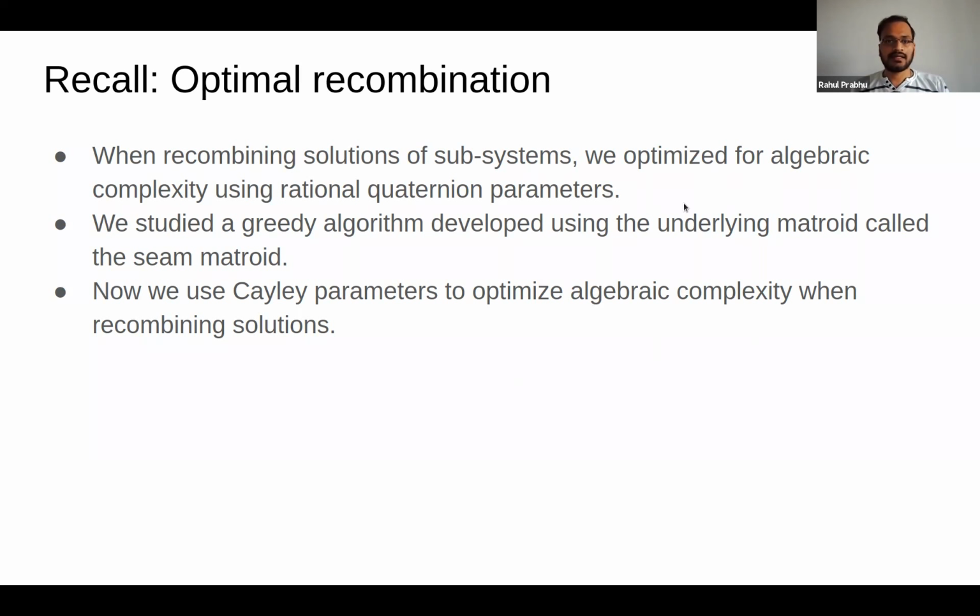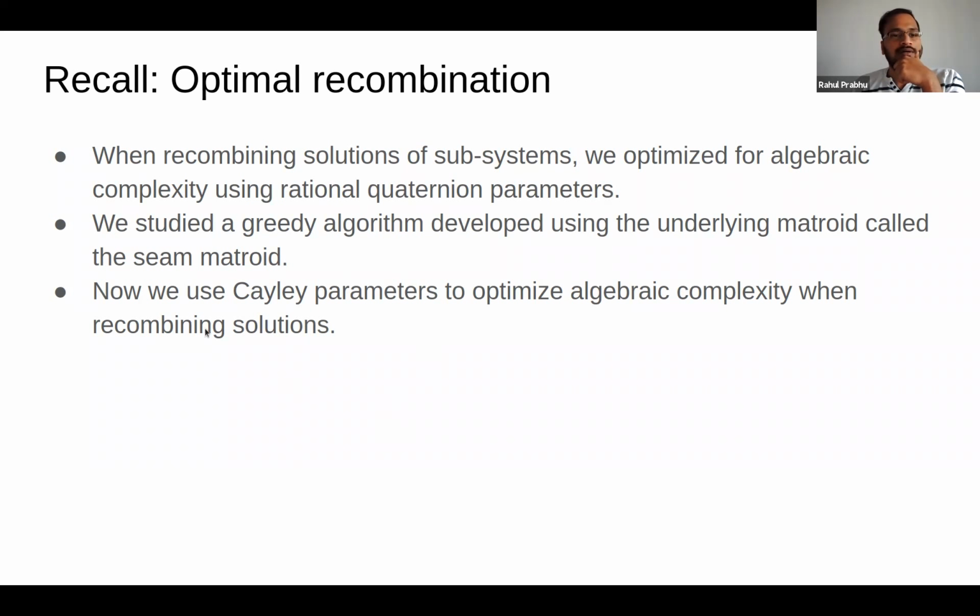And because of that, we had this whole idea of how to optimize this recombination step. When we talked about it last, we were optimizing for algebraic complexity using rational quaternion parameters, and we studied a greedy algorithm that was developed using the underlying matroid called the seam matroid, and so on.